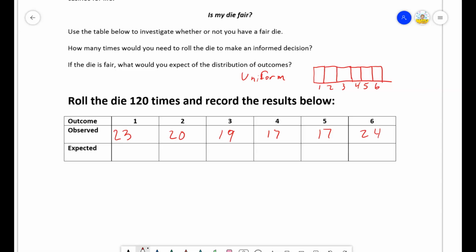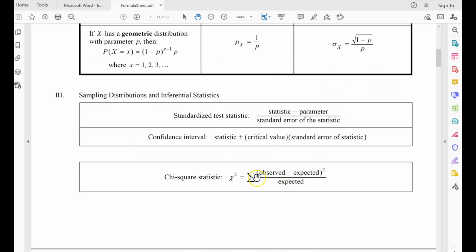So how many should I have expected of each? I should expect 20 of each. And you'll see on your formula sheet, the chi-square statistic is pretty easy to calculate. It's the observed minus the expected. We square that quantity and divide by expected. And of course, you see this summation symbol over here that means to add all of those up.